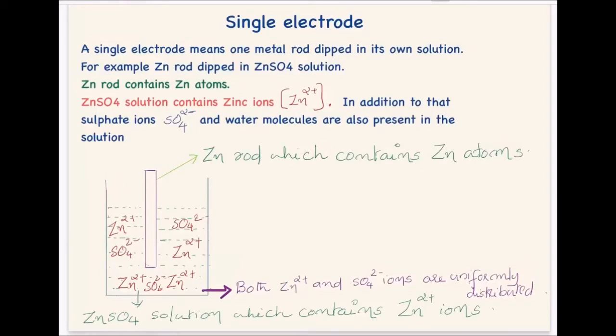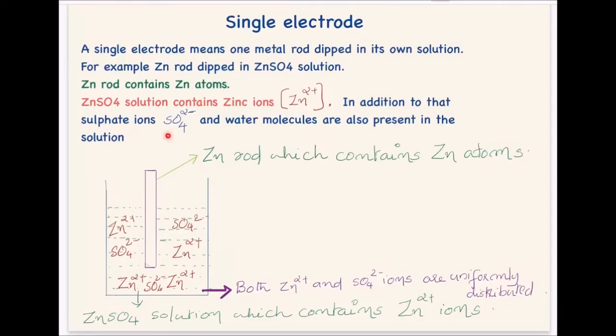Zinc rod, it is solid and it contains only zinc atoms. Zinc sulfate solution contains zinc ions and it is now in liquid form. So zinc ions are in solution, zinc atom is in the metal rod.